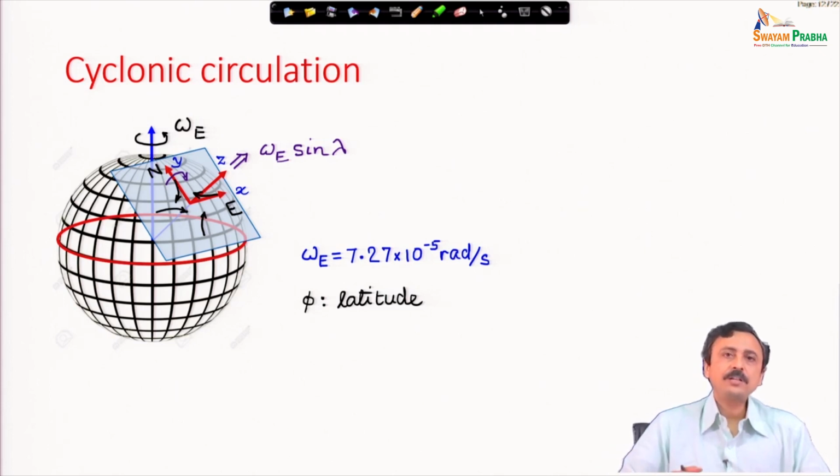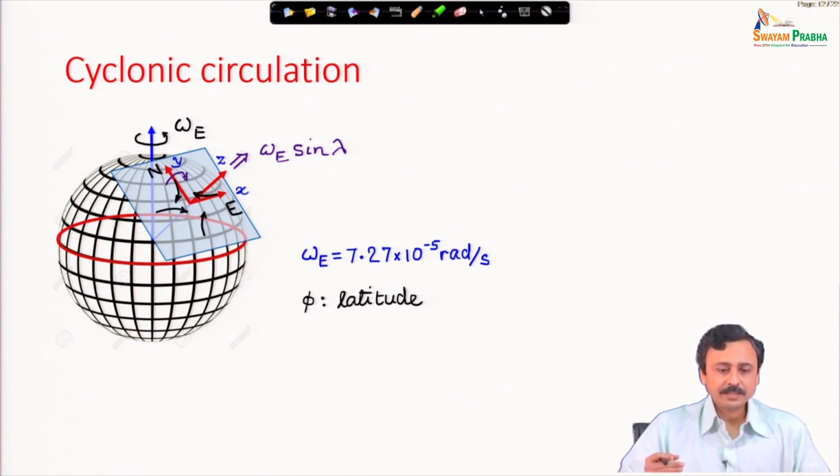Therefore, air from the surrounding regions rushes in towards that low pressure center, and once it rushes in, it is the same as our cylinder being projected radially inwards on a rotating disc. Why rotating disc? Because here also the plane is rotating and its angular speed is omega e sin phi.